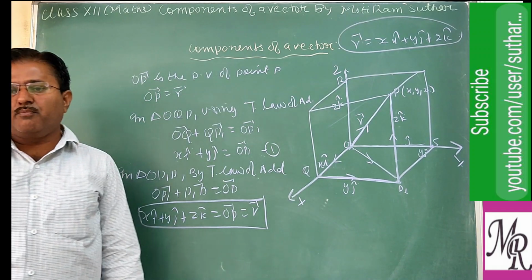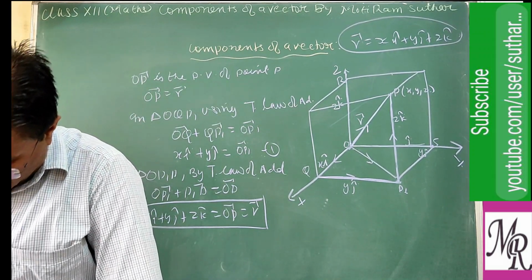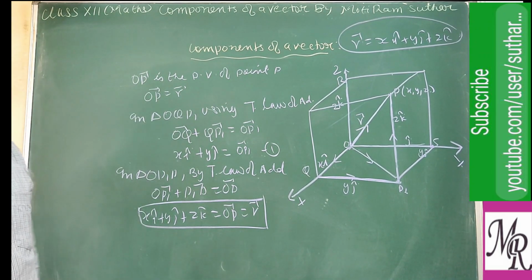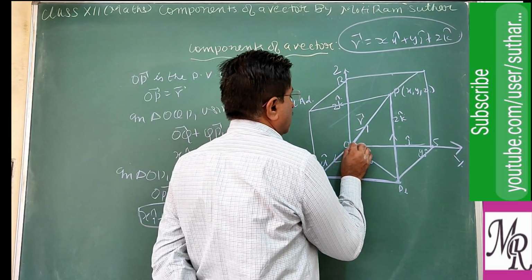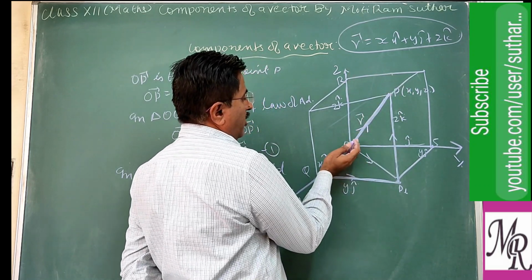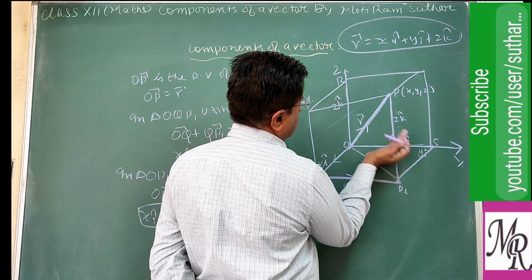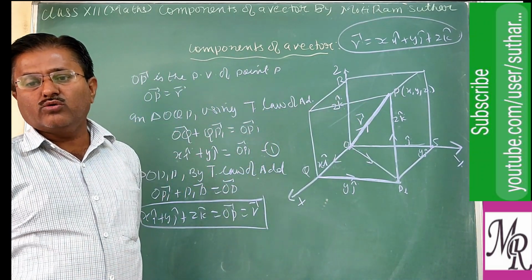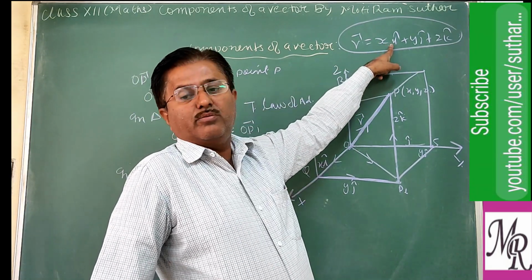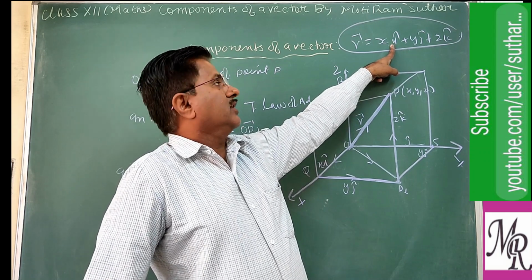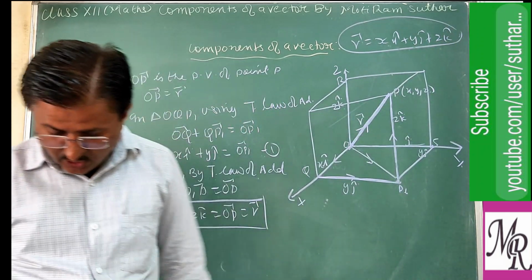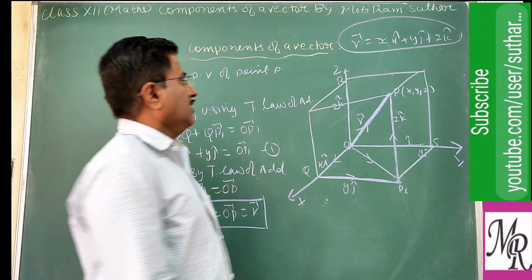This is known as the components of a vector. We are resolving the vector r into vectors along the x-axis, y-axis and z-axis. Or you can say the vector r can be written in terms of its components. That is, vector r equals x i cap plus y j cap plus z k cap. This form of vector is called the component form.